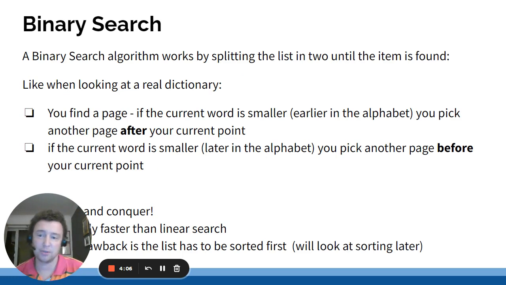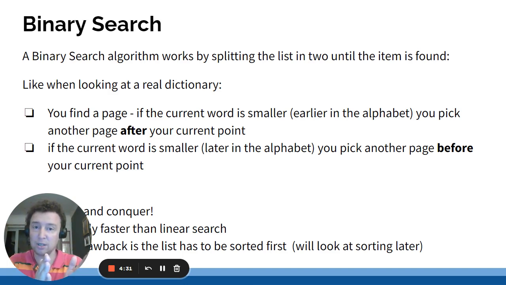Now, binary search works by splitting the list in two. Imagine a list of 5 numbers. Instead of starting on the first item and then going to the second item and then the third item and continuing through those 5 to find what we're looking for, we start by jumping to the middle, which is the third item, and then deciding whether the number we're looking at is higher or lower than our target.